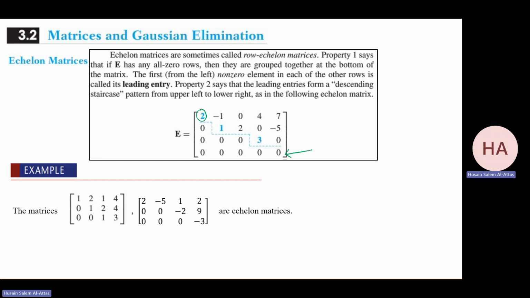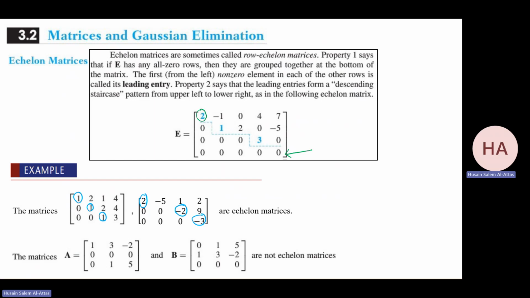We don't have rows consisting entirely of zeros, so we don't think about that. These are the first non-zero elements, usually ones. Look at them: they are to the right of each other as we go down. The same thing here. This is the first non-zero in the first row, this is the first non-zero element in the second row, and this is the first non-zero in the third row. They lie to the right of each other as I go down from the first row to the second row and the third row.